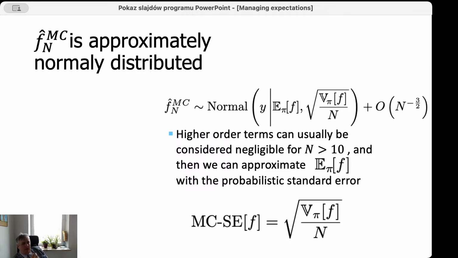The values from that estimator, using the given measurements, are normally distributed, and as long as n is large, we can consider it normal. If n is small, the distribution has certain higher order terms that cannot be neglected. The Monte Carlo standard error, as I said, is the radical of the quotient of the variance of f divided by n.